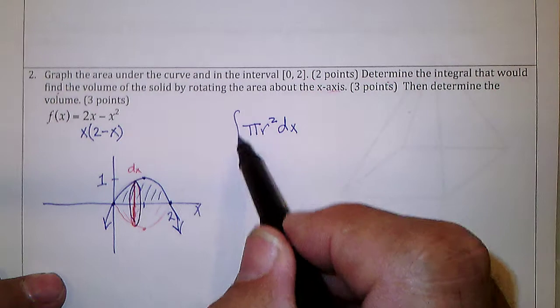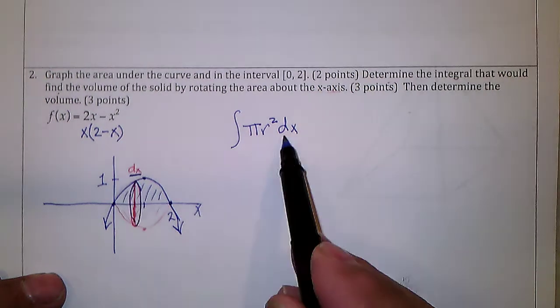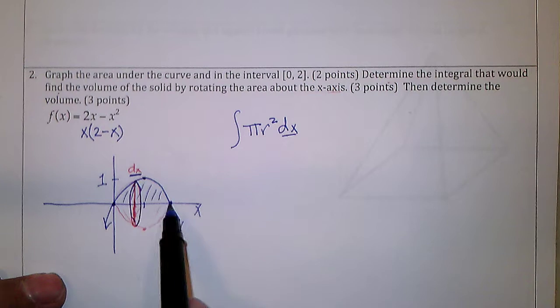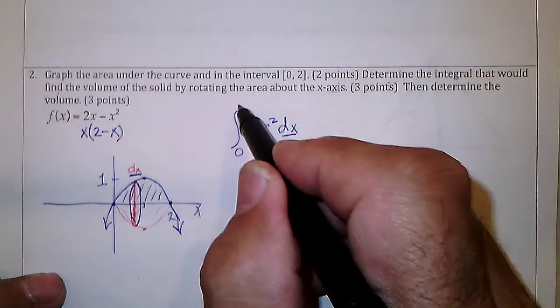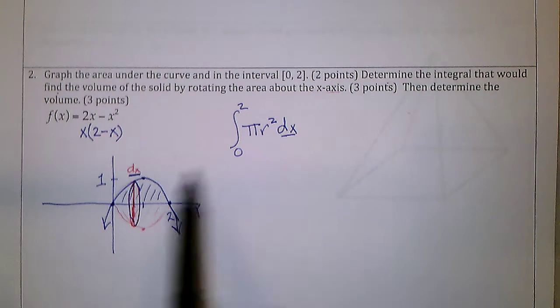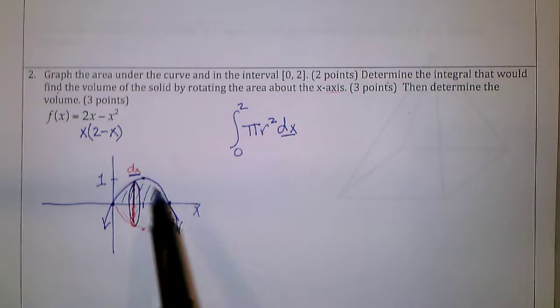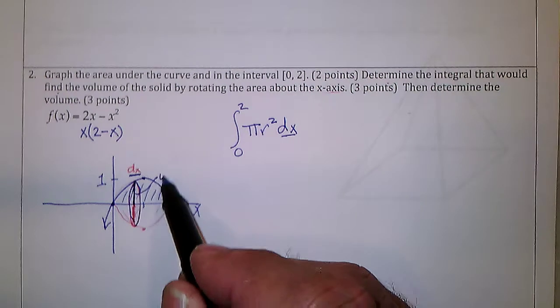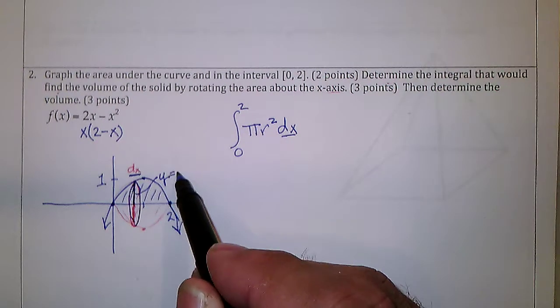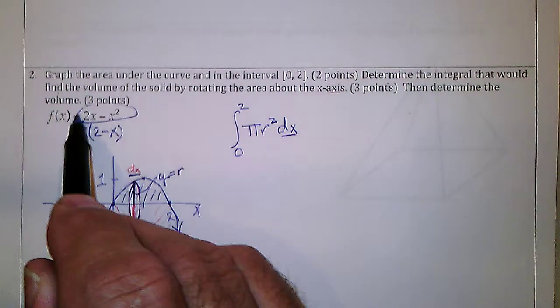And we'd integrate this. Well, this is in terms of x, so x goes from 0 to 2. So our variable needs to be x. Well, the radius is in that direction, which is y. Y is equal to the radius, but y is also equal to that.